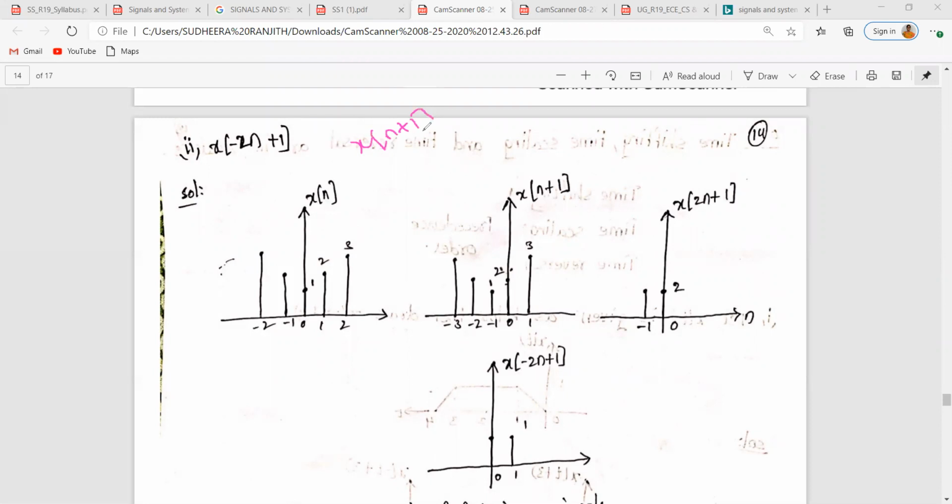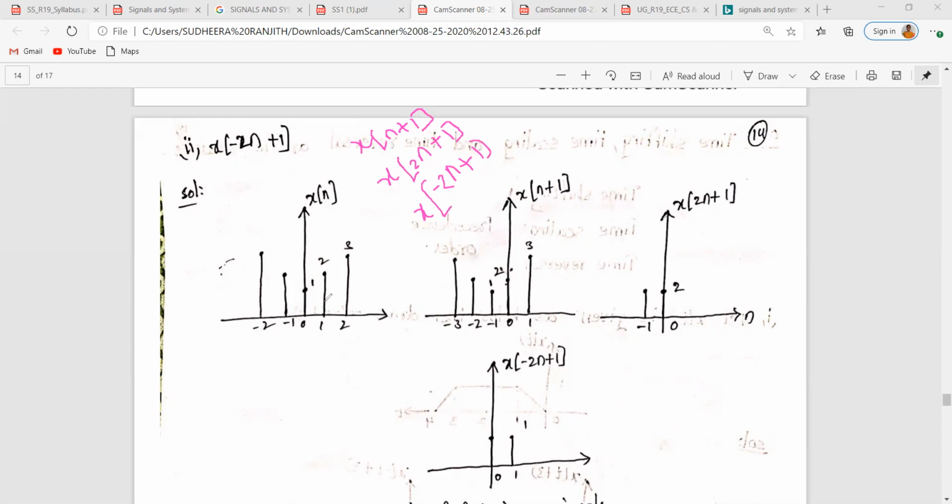And then the shifted signal should be scaled, x of 2n plus 1. Then the reversal operation should be performed on the shifted and scaled signal.